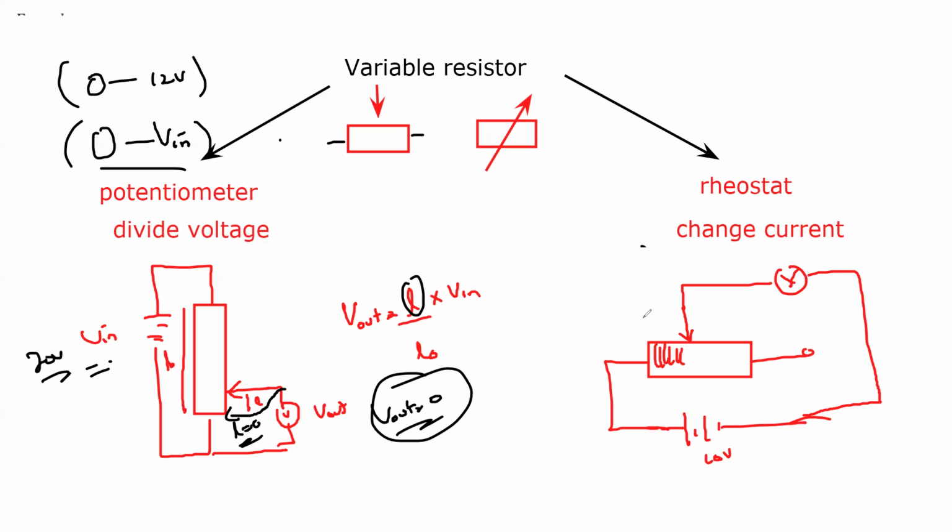For example, say this is a 10-volt supply, so maybe 2 volts is here and the remaining 8 volts will be across the lamp. Then we move the sliding contact.